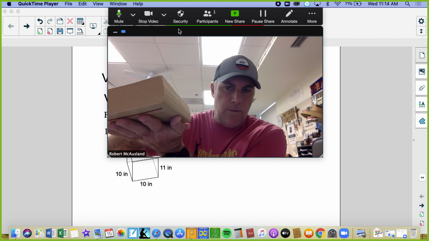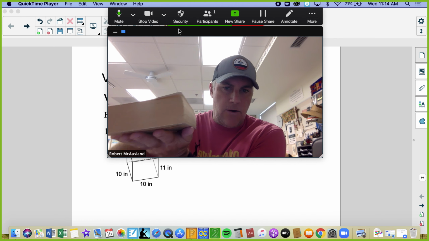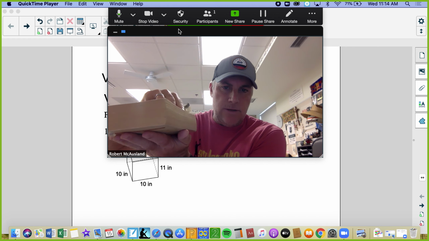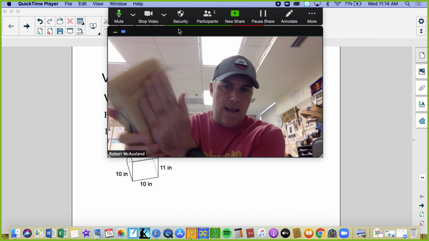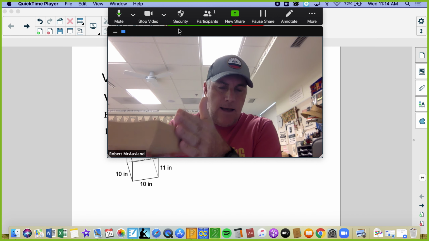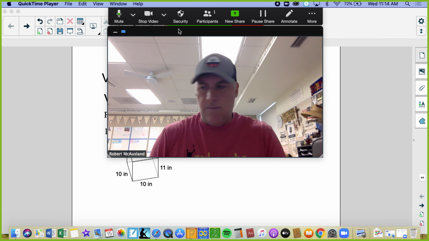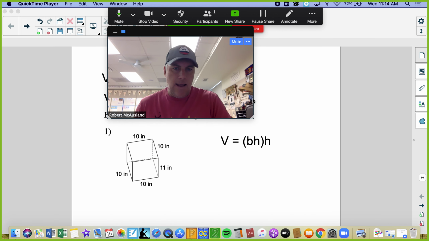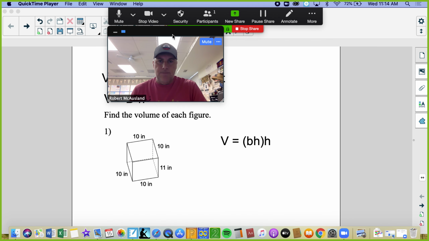So we take that one page, find the area of it, and then we add how many of those we have. So we would take that area and then multiply it by the height, which would give us the volume of it. So let's take a look at an example.